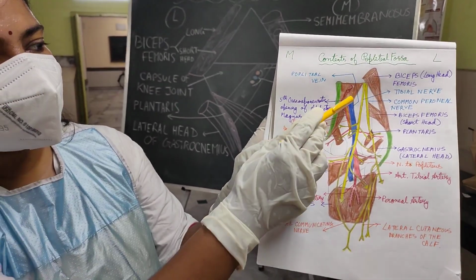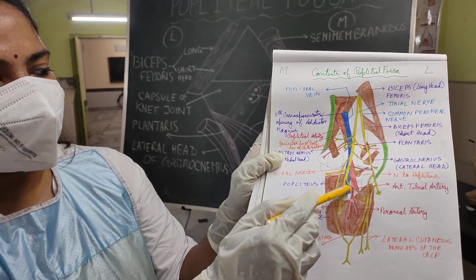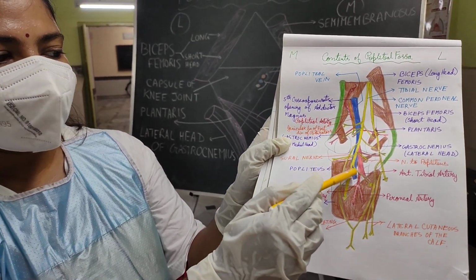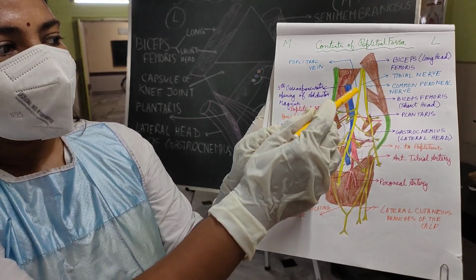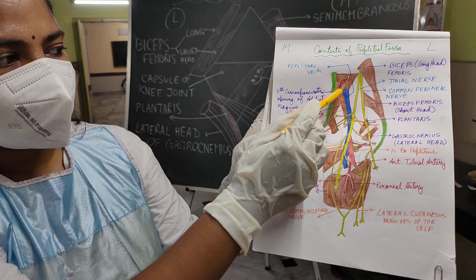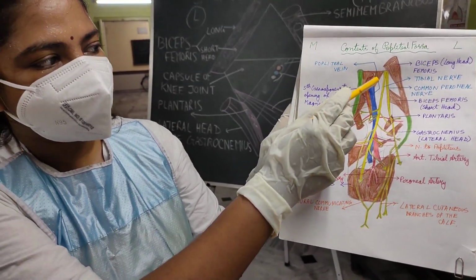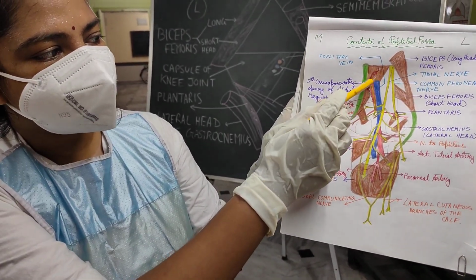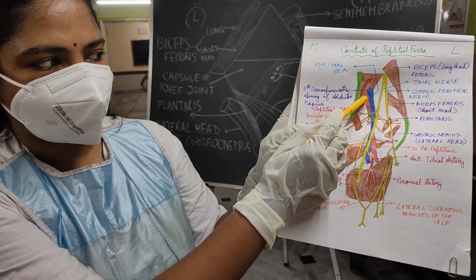Now coming to the popliteal vein, its tributaries run along with the branches of the popliteal artery, and one of the main tributaries is the small saphenous vein. Coming to the popliteal artery, this popliteal artery and popliteal vein are continuations of the femoral vessels arising from the fifth osteoaponeurotic opening of the adductor magnus.